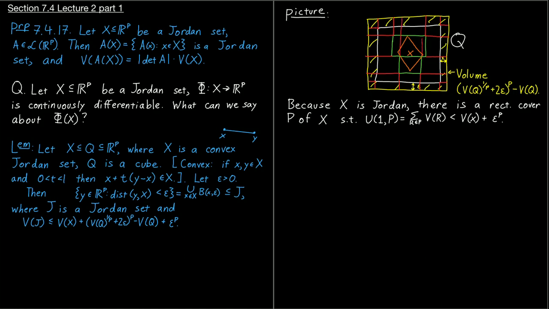We just consider this set of rectangles. Then we keep all the rectangles that actually intersect X. That is not necessarily a convex set, but it's going to be convex in all the coordinate directions.